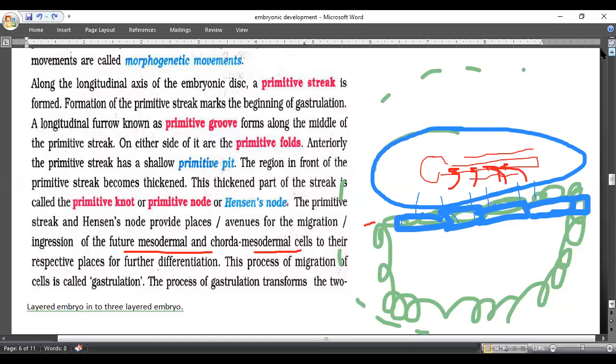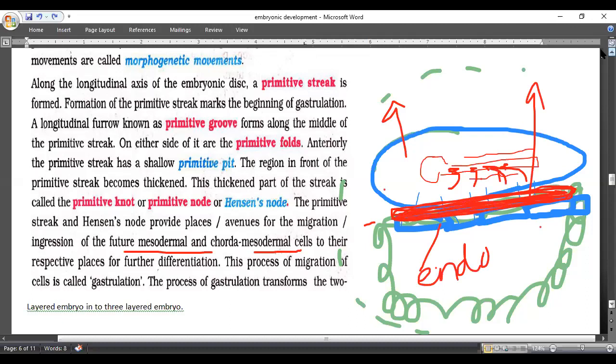They reach in between these two, that means the epiblast and the endoderm, and they form the mesoderm. Here I have explained the three-layer formation. After the formation of mesoderm, you need to understand that the epiblast formed the endoderm. Epiblast cells entered the primitive groove and reached between the epiblast and endoderm to form the mesoderm, and this is the endoderm.